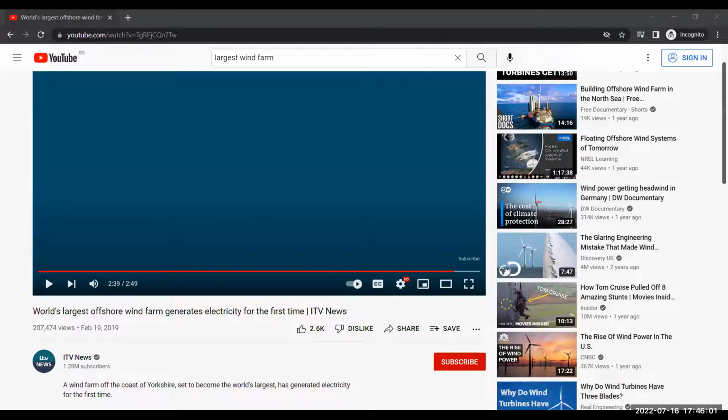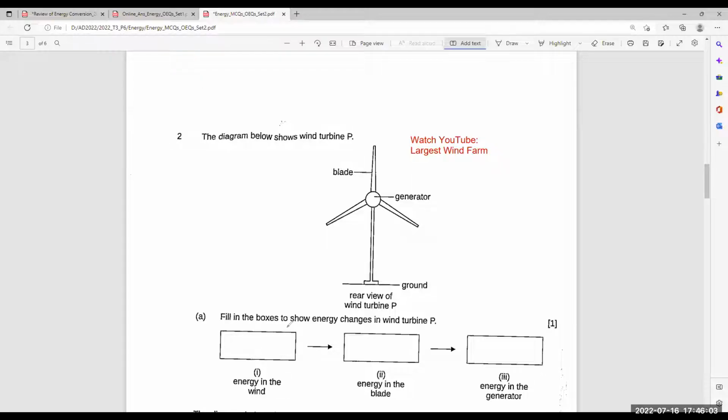So this one, fill in the blanks to show the energy change. So it's quite easy, right? For wind power, wind is moving air, right? So it has kinetic energy, correct? So for this one, it is KE, kinetic energy in the wind.